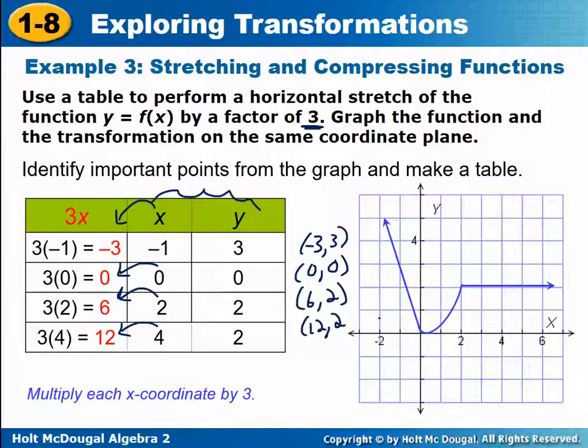So we put our new points on the same graph: (-3, 3), (0, 0), that one didn't change, (6, 2), and the other one is way off the screen at (12, 2).